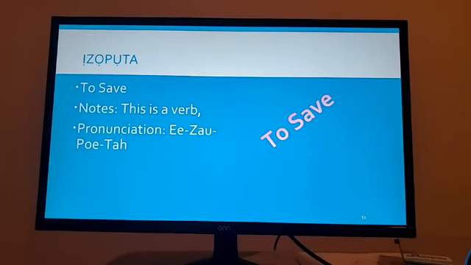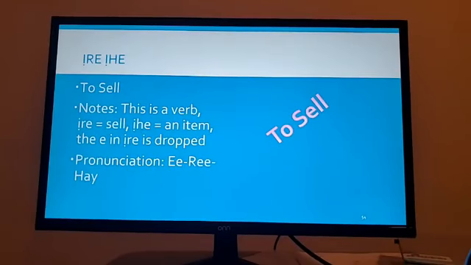All right, to save is Izapota, to save. All right, to sell. Again, this is a verb as well. Oh, actually, again, I made a mistake here. I got to drop the E in the first word.